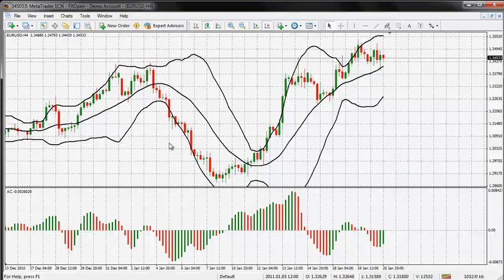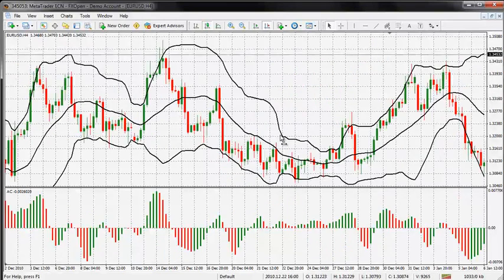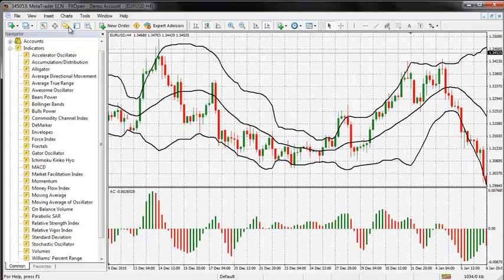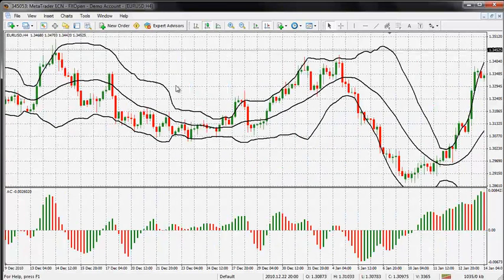Alright, so what we're looking for is the same thing we've just said, and we're looking for the first candle breakout. Now, you might be saying to yourself, well Loz, why do I need to use the accelerator oscillator? I forgot what it was. I don't know why they call it AC. It's kind of weird.